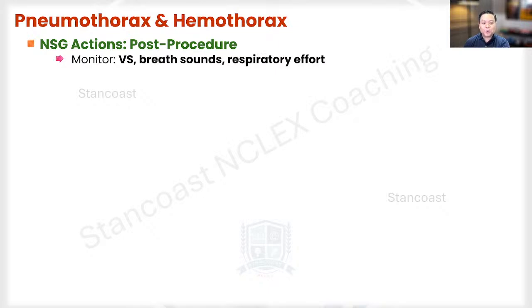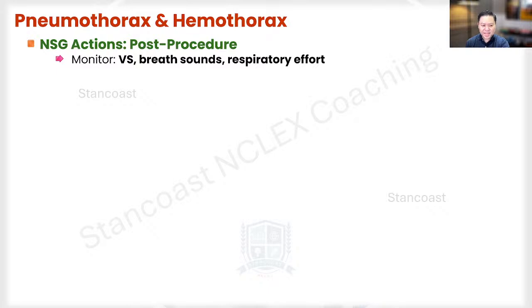Along with that, we're gonna have to auscultate the patient's breath sounds, to see if there is some improvement, because when the patient has a pneumothorax, or let's say the hemothorax, remember that there is some sort of a collapse in that lung tissue.